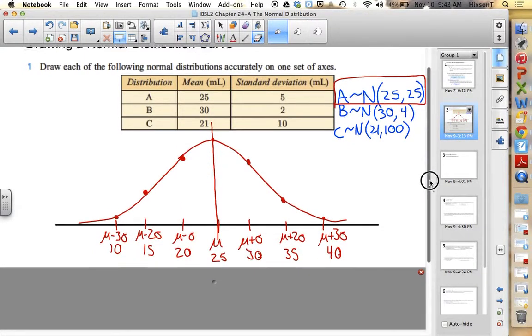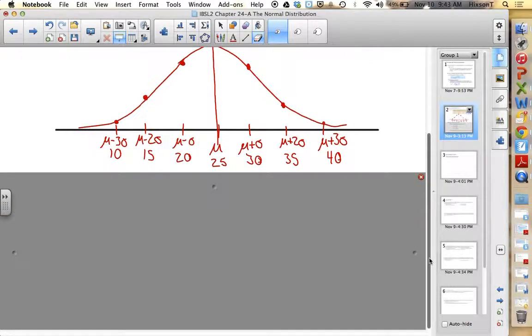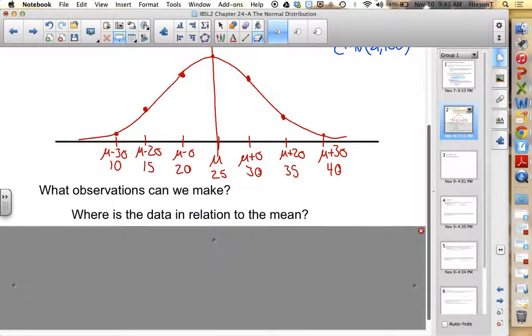Well, what are some observations that we can make here, other than that? Where's the data in relation to our mean? Evenly distributed. Evenly distributed on either side. What else? Where is most of the data?